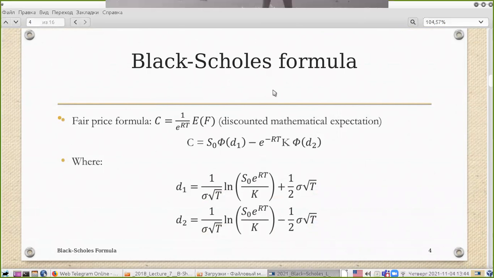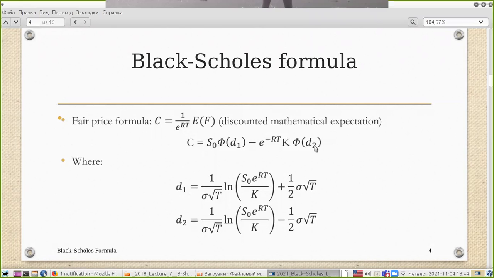In the previous lectures, we derived the Black-Scholes formula as the fair price and as a discounted mathematical expectation.